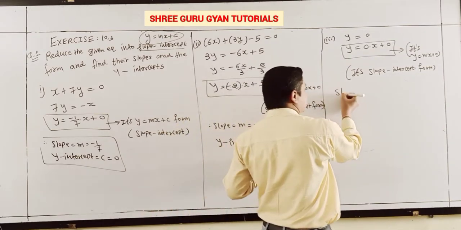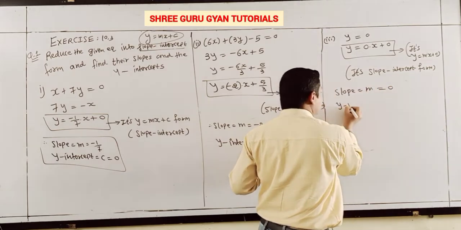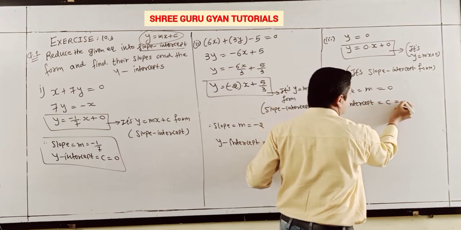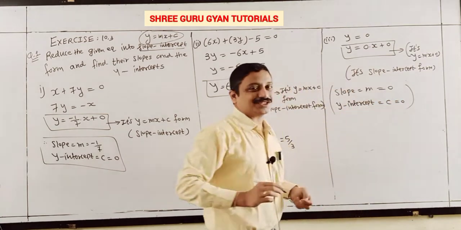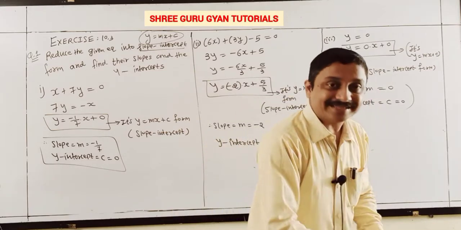So the answer: slope m is equal to 0 and y-intercept c is equal to 0. Here students, the first question is happily done. Now I'm moving ahead to the second question.